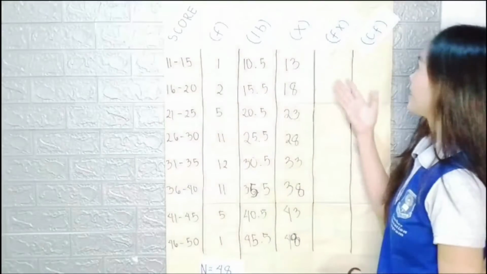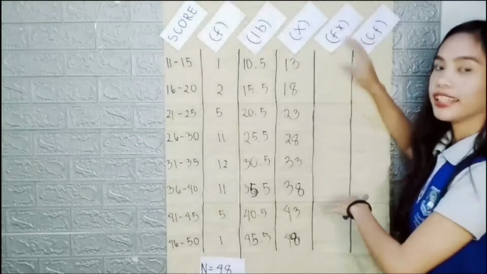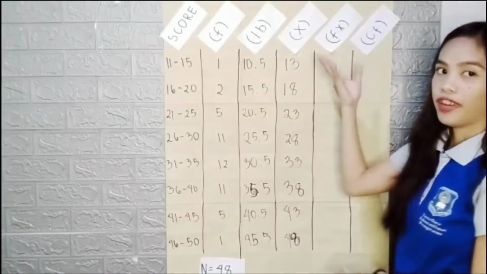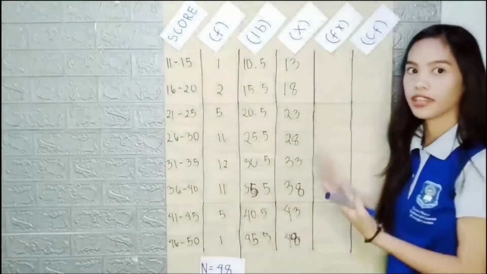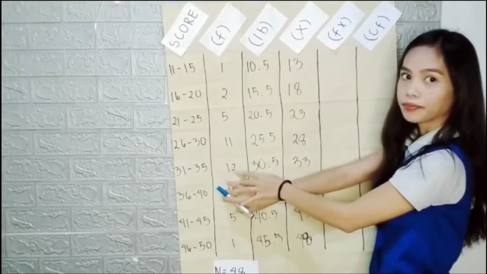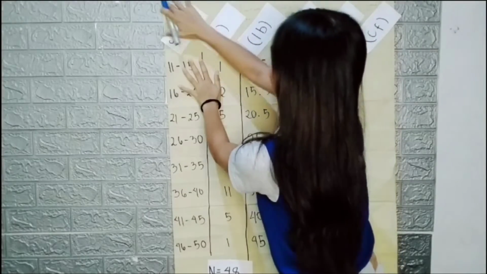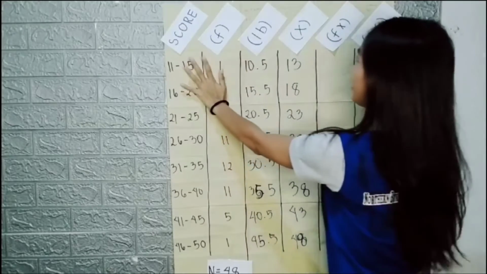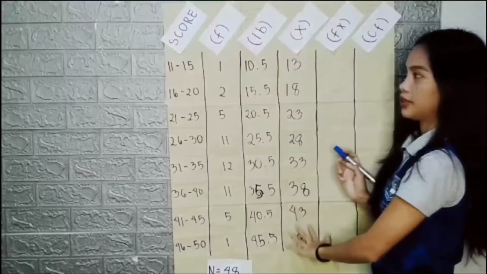So in the next column, what we have here is the frequency times the class mark, or fx. In how to get the frequency and the class mark together, this is our frequency first, and this is our class mark.